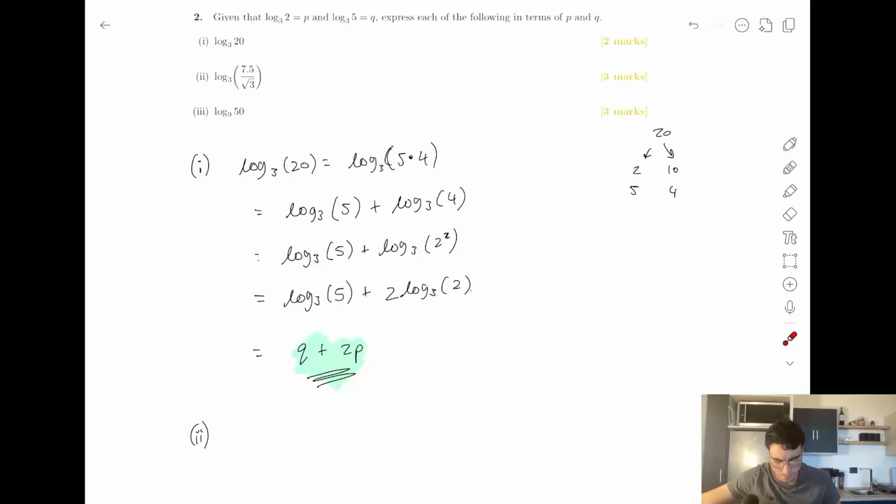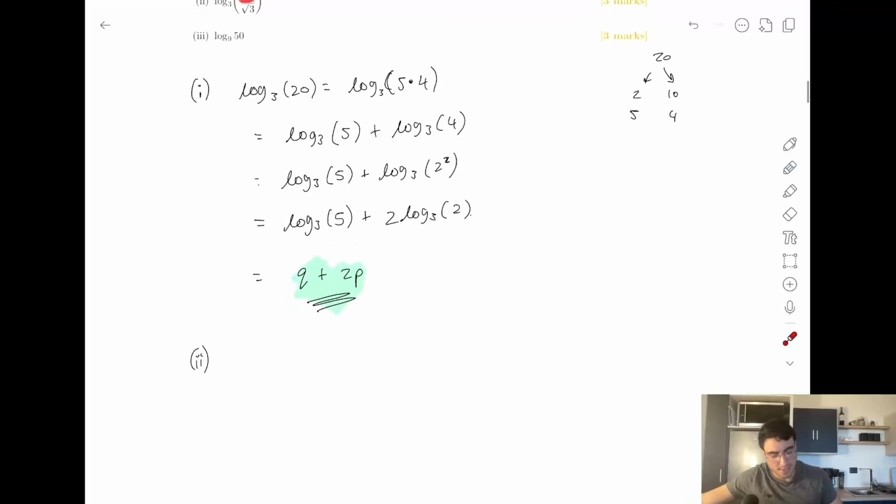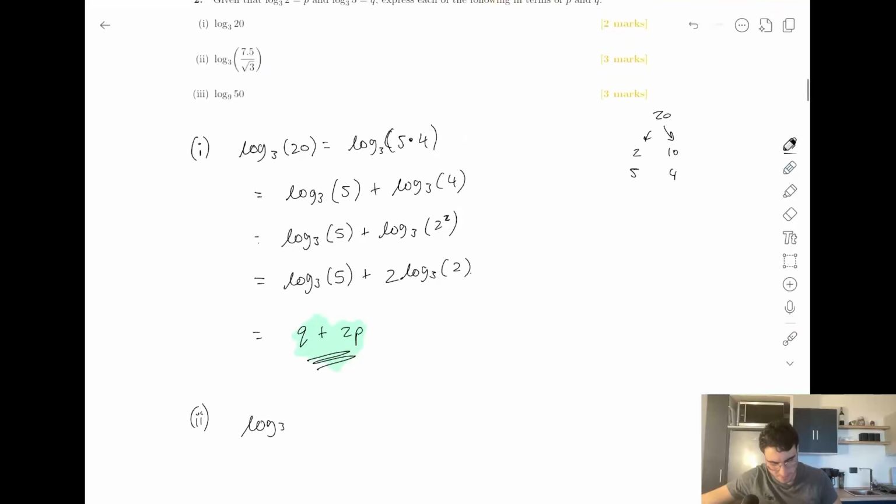Alright guys, so for number II, we are told to express 7.5 over root 3 in terms of P and Q. So, what does that tell me? Well, I don't like the look of this 7.5. Nothing against it personally, but I don't really like it in that form.